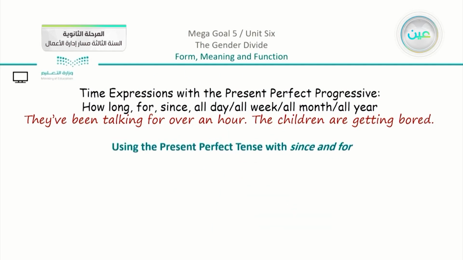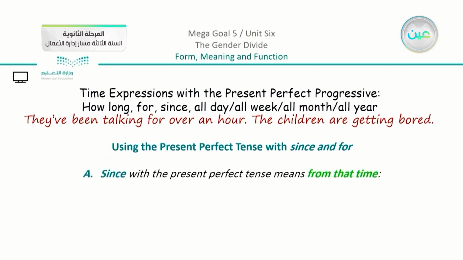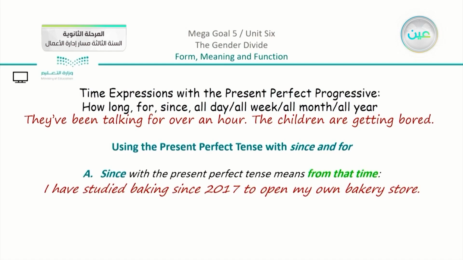Now, using the present perfect tense with "since" and "for," we are going to focus on "since" with the present perfect tense, which means from that time. I have studied baking since 2017 to open my own bakery store. Now here we have a point in time mentioned, so that's why we have the word "since."